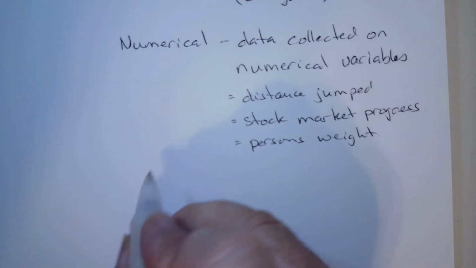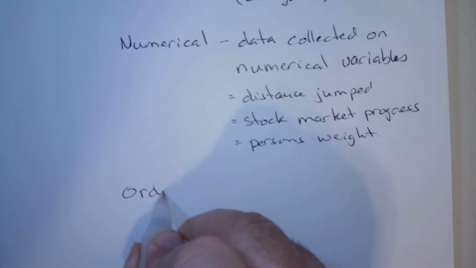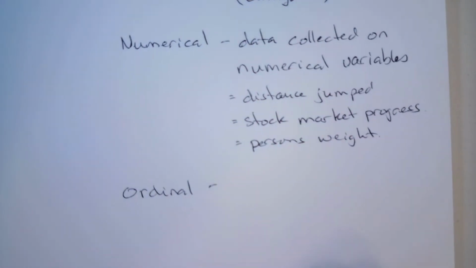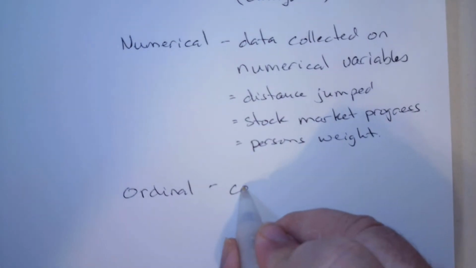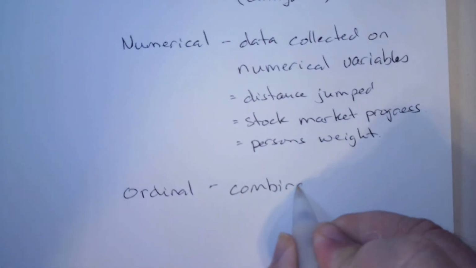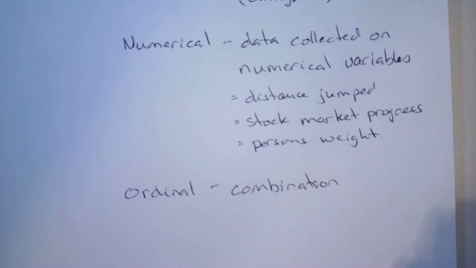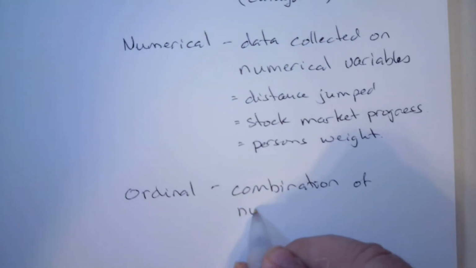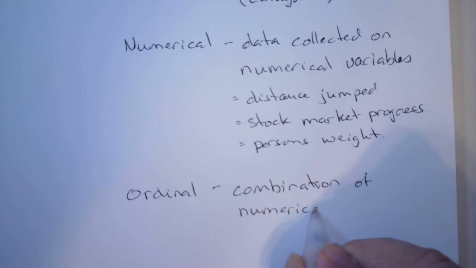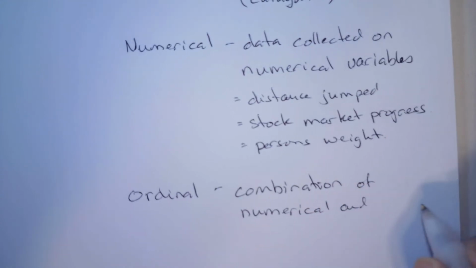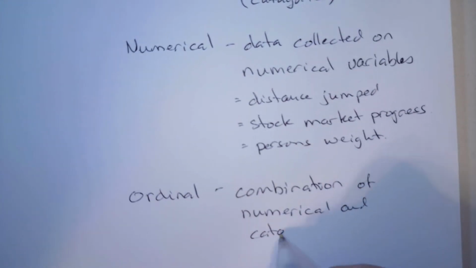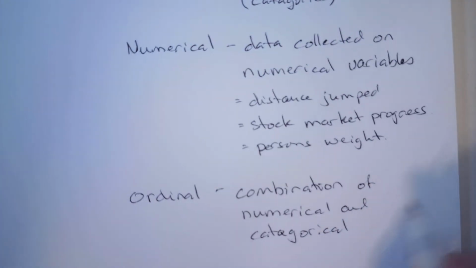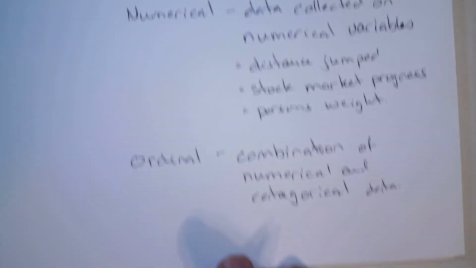Alright, and the last type is called ordinal data. Ordinal data is a combination of numerical and categorical data.